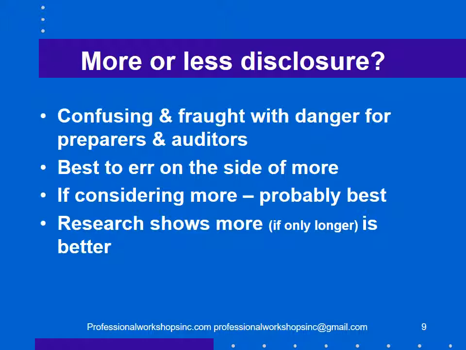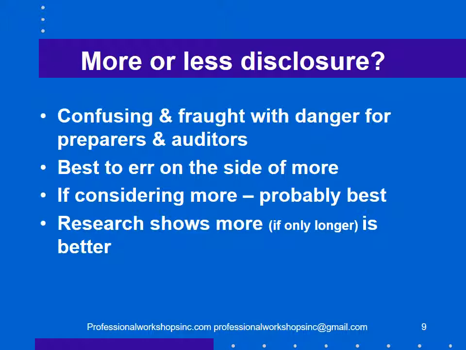So when the auditor and the preparer is faced with a decision about should more disclosure be provided, or following the disclosure initiative, can we get by with less disclosure, it's just confusing and fraught with great danger for both preparers and auditors.